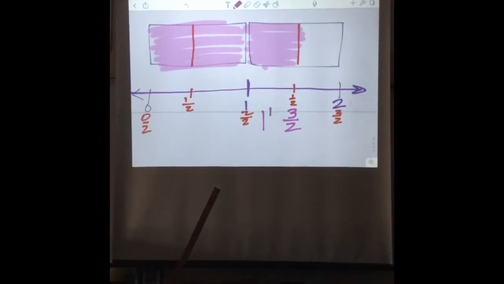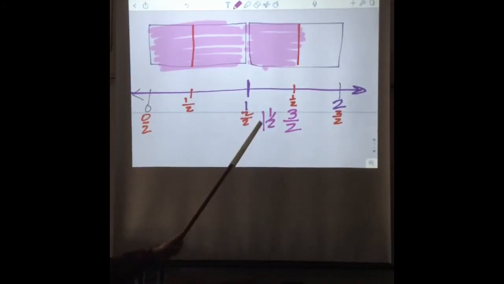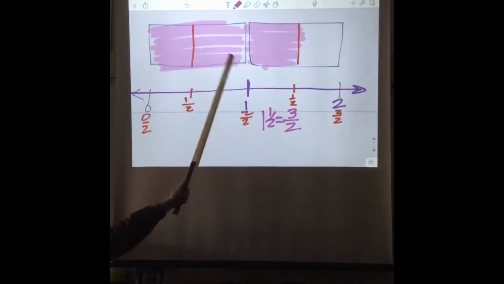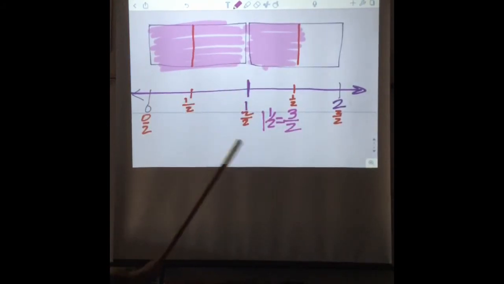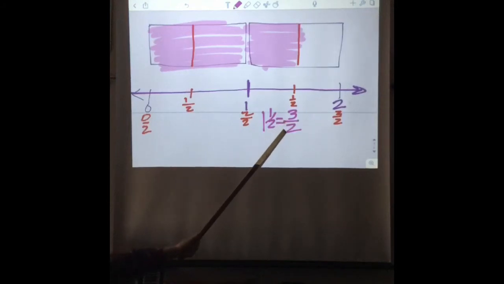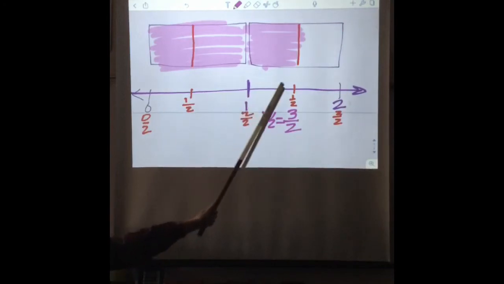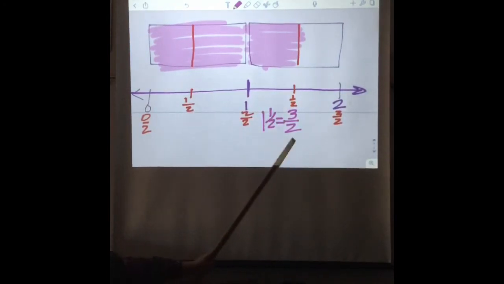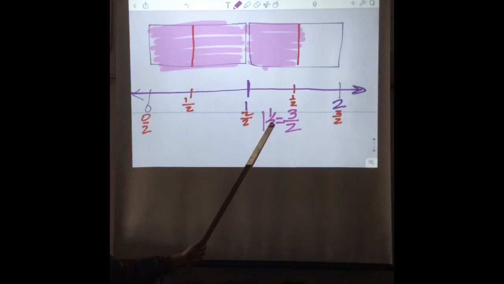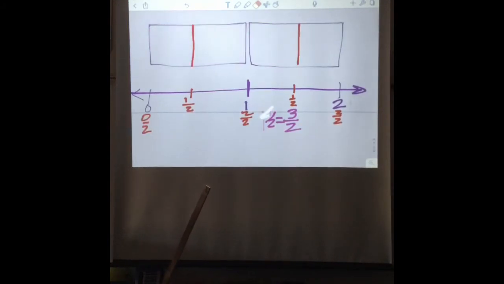A mixed number means I have a big number mixed with a fraction, and these equal each other. 1 and a half equals 3 halves. 1 half, 2 halves, 3 halves. See how that works? So 1 and a half equals 3 halves. All right, let me get rid of that. Okay, that's just a little quick note for you.